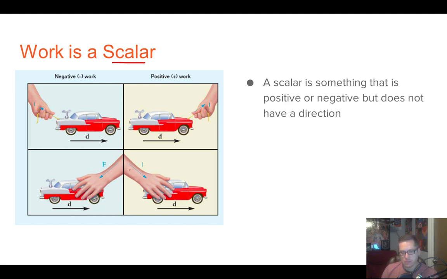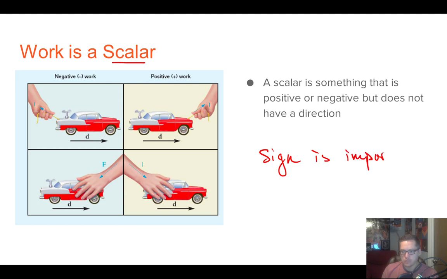The distance is going this way, but you're doing work to try to stop it, yet it still ends up going that way. So these are both negative work, whereas on this side we have positive work, where the work and the displacement are happening in the same direction. These would be positive values for work, and these would be negative values. So the sign of the work is important.